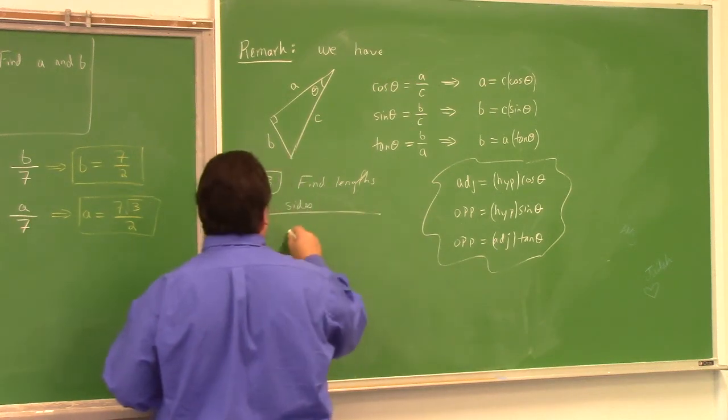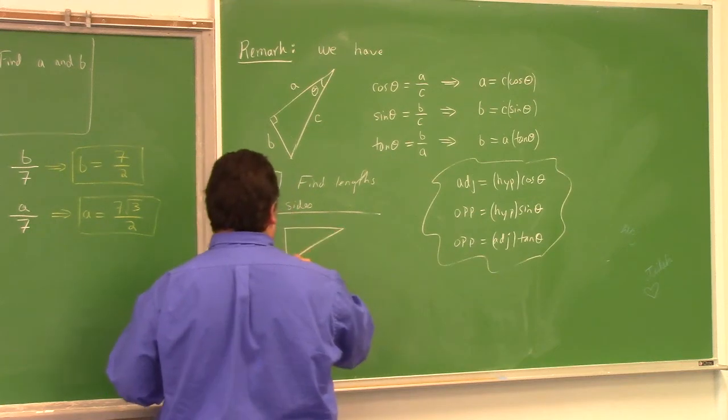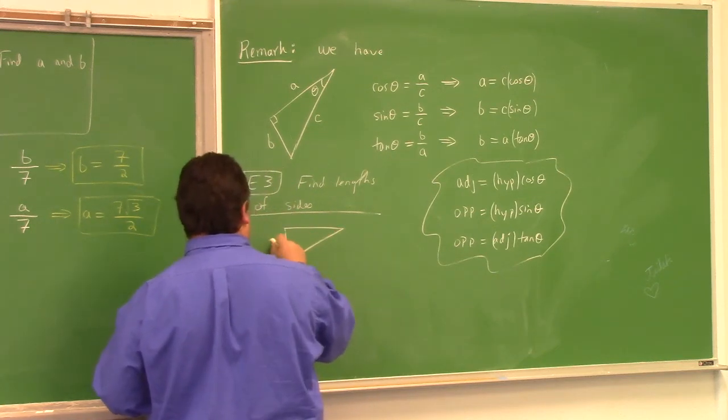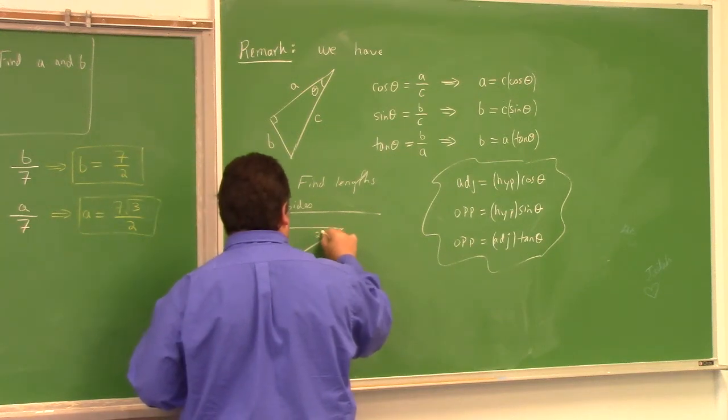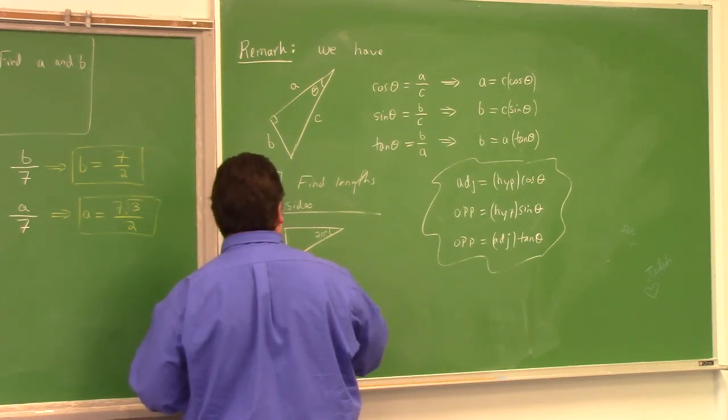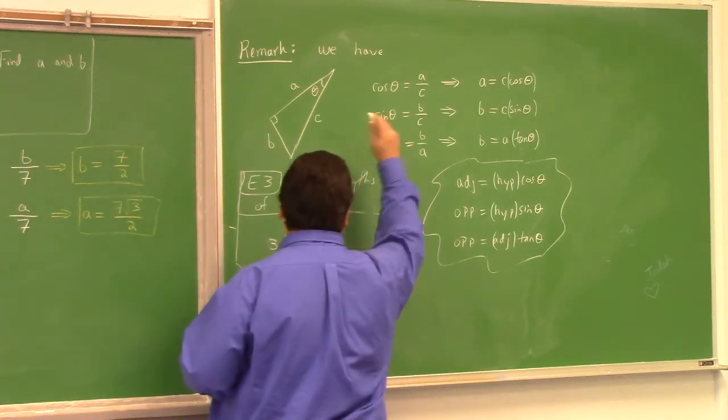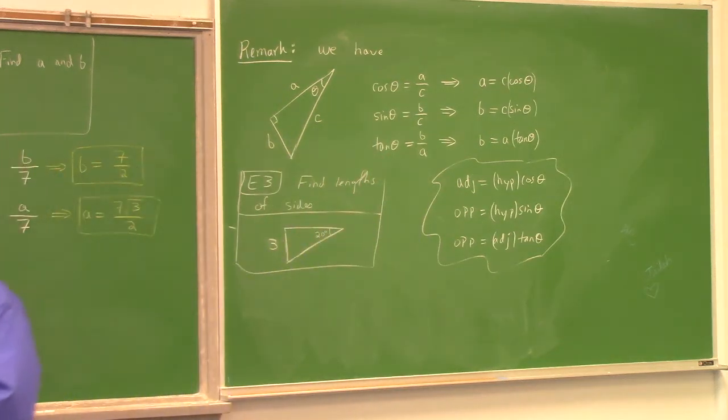So here, suppose this is 3. I'll get out of the way here in a second. This is 20 degrees. If that side length is 3, and I know that that's 20 degrees, can I find the lengths of the other two sides?